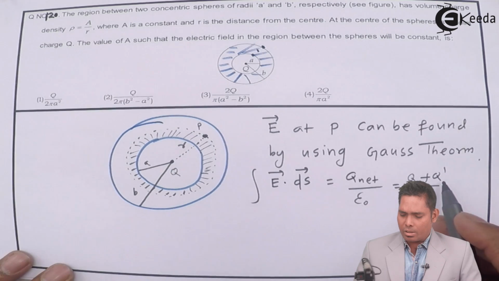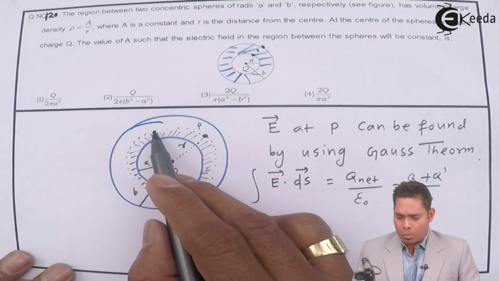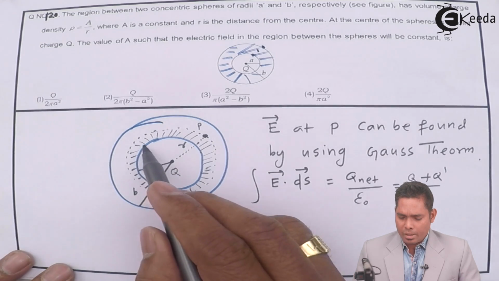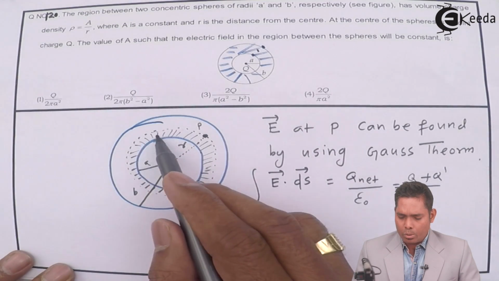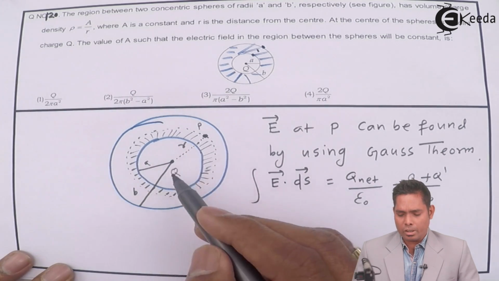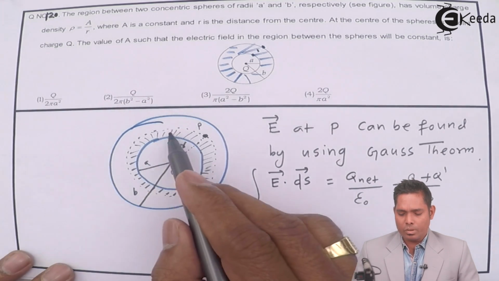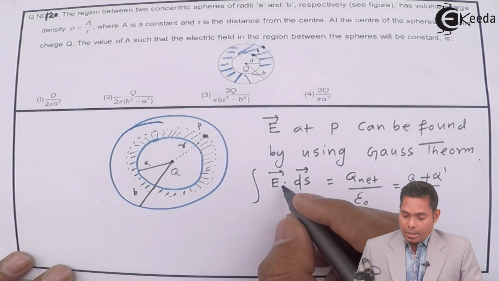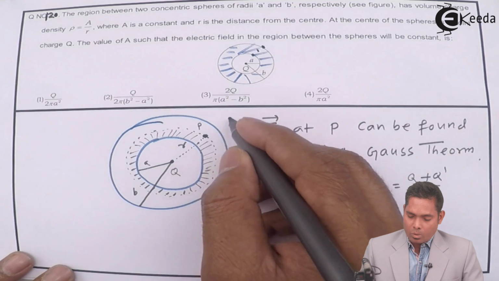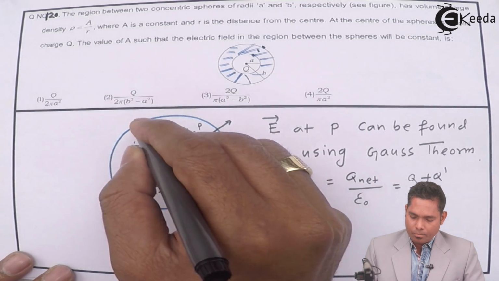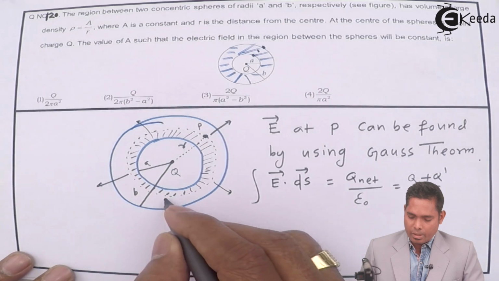Q dash is the charge enclosed within the Gaussian surface, in the concentric spheres, excluding the inner portion. Now here the electric field will be radially outward anywhere.